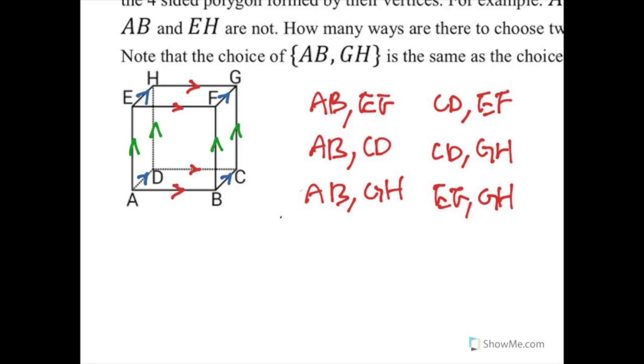And so we see that there are a total of 6 choices here. And if you know a bit about combinatorics, then you will know that 4 choose 2 is indeed equal to 6. And this aside, we have the green set and the blue set, and all we need to do is multiply 6 by 3, and so 18 is our final answer.